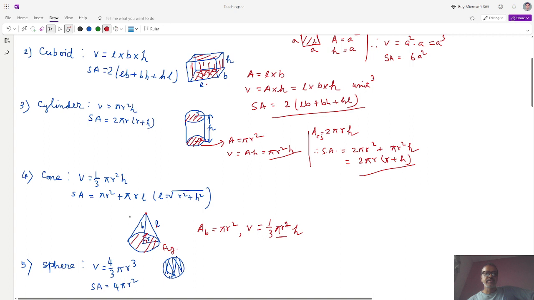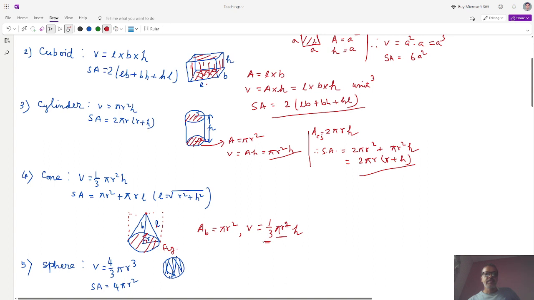So its nature is something different from other objects, and it will take the fraction 1/3 in its volume formula. This is to be remembered: 1/3 into pi r square h. The volume of a cone V equals 1/3 pi r square h.